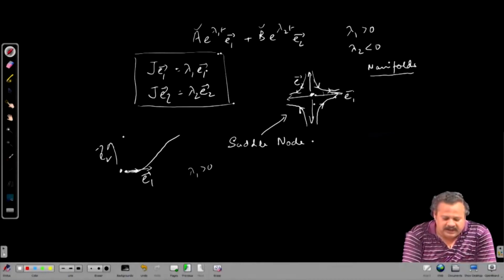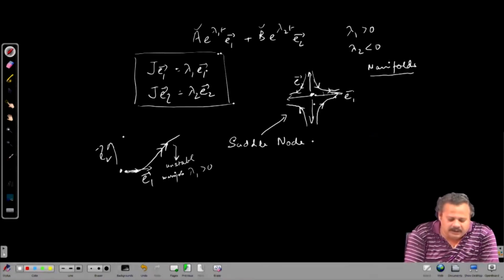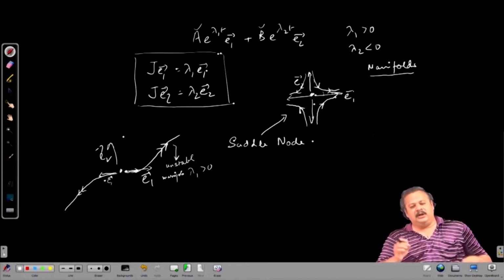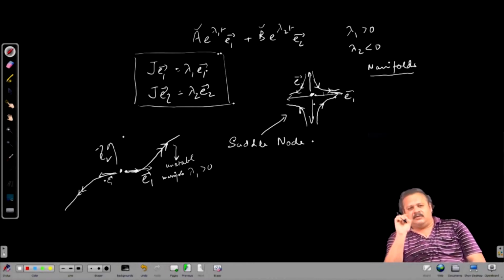So, this trajectory is called, one of them is the unstable manifold. Similarly, along the negative E1, there will be the other part of the unstable manifold, that is the direction along which the system will go if you start it just outside of the equilibrium point along E1 with no component along E2.